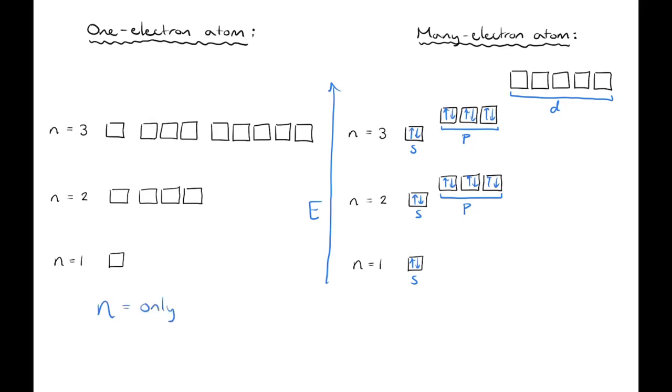So this is the only quantum number needed to determine what it is that we're looking at for the energy of our electrons. Here, we actually have to know two things. We have to know the energy level, and we have to know the shape of the orbitals, or in other words, the subshell that they're in.